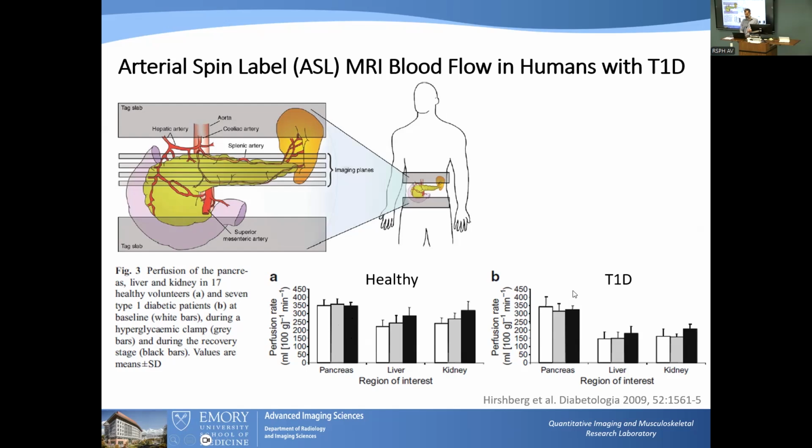What they showed in healthy and diabetics is that there was really no measurable change in blood flow in the pancreas during any of those conditions, or even between healthy and disease, which is kind of interesting. But this is a very difficult measurement to make for a variety of reasons I don't have time to get into. I'm suspicious that this is just a hard measurement to make with MRI, and therefore the sensitivity is low in this case, and that there's maybe something going on.